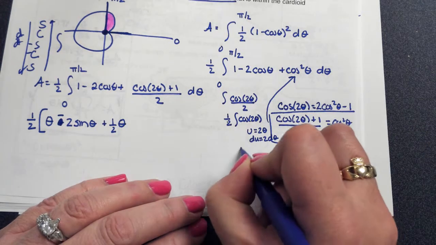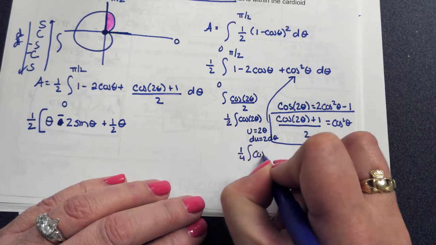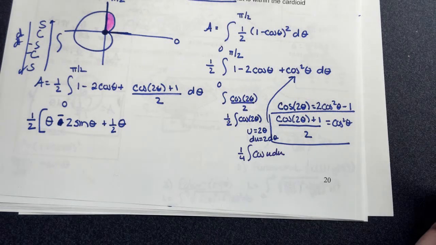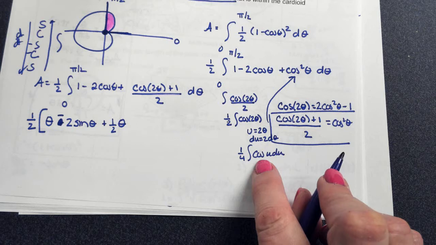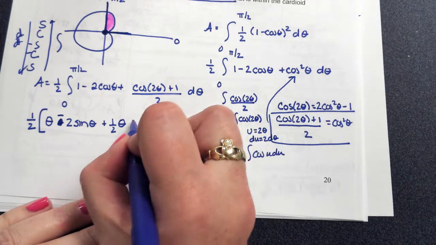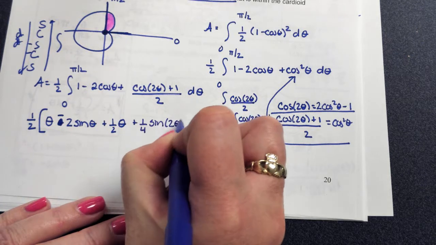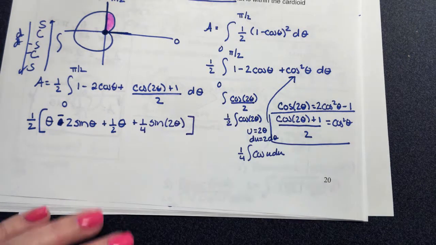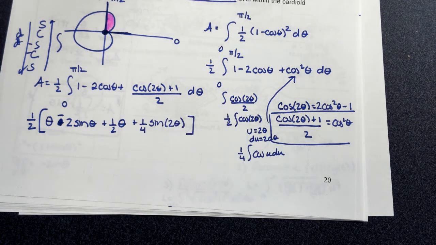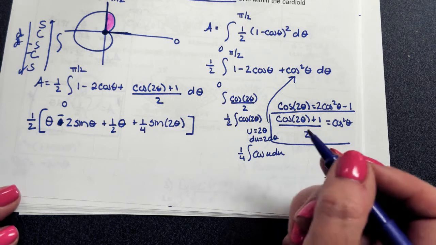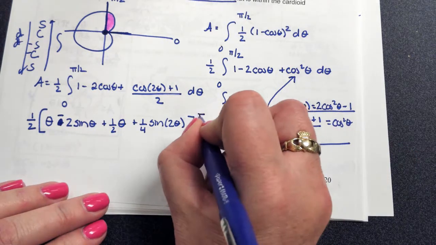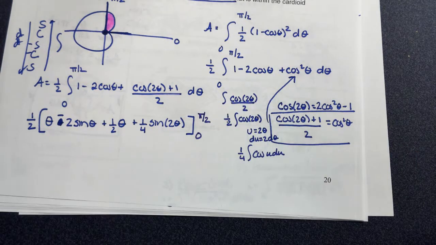This is going to turn into 1/4 times cosine of u du. And then your integral of cosine is going to be sine. This is going to be plus 1/4 sine of 2 theta. It's been a while. So now I have to evaluate my bounds, where my bounds are going from pi over 2 to 0.